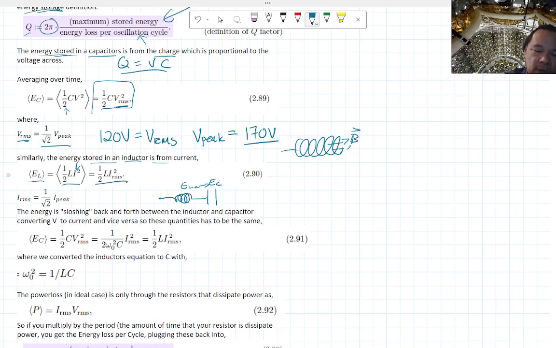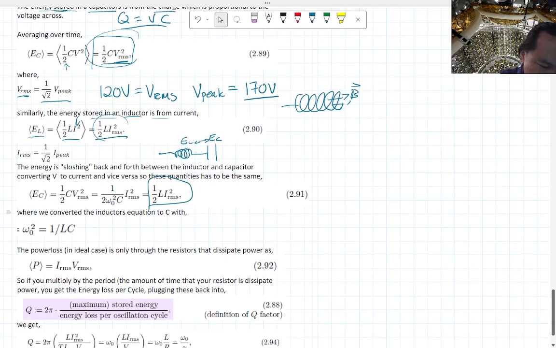When the voltage goes to 0, that is the steepest part of the cosine function, so the current is maximized there, and the energy is stored in your inductor. In fact, if you compare these two quantities, they're exactly the same, so we're just going to use the inductor part instead.